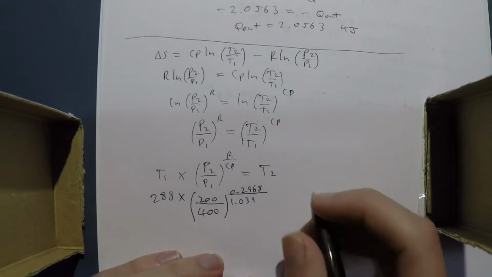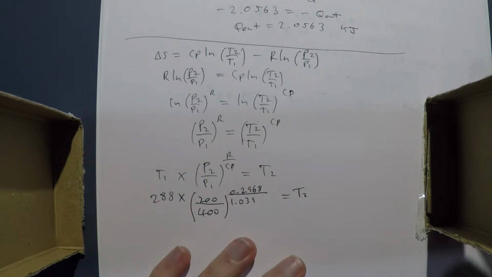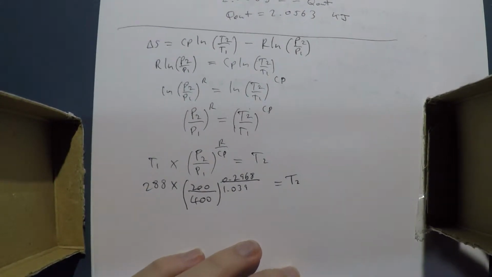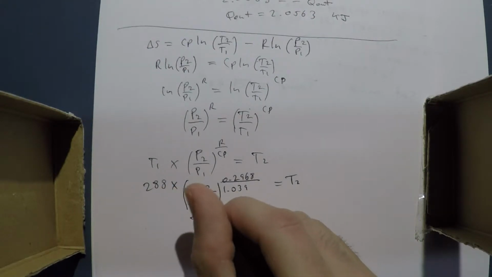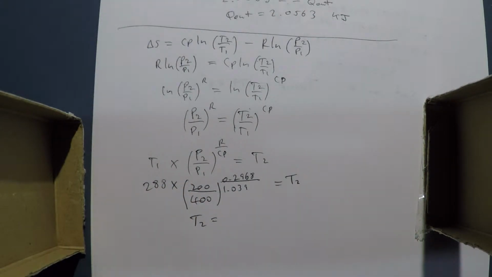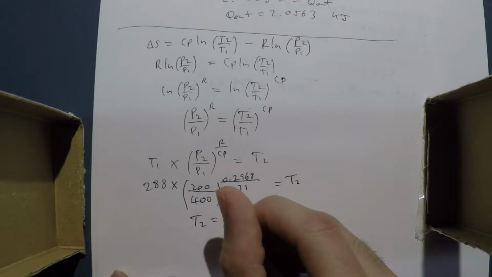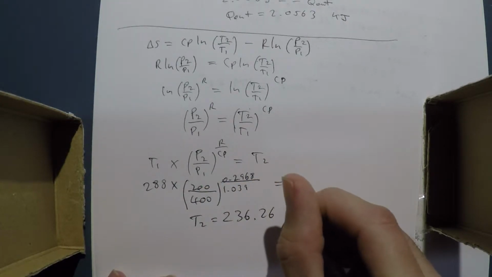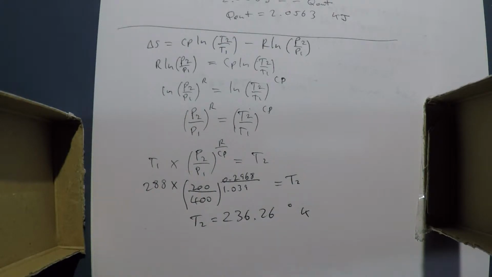And that equals T2. So 288 multiplied by 200 over 400 to the power of 0.2968 over 1.039 equals 236.26 degrees Kelvin.